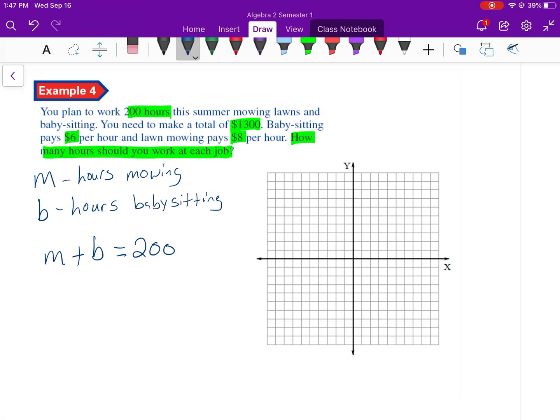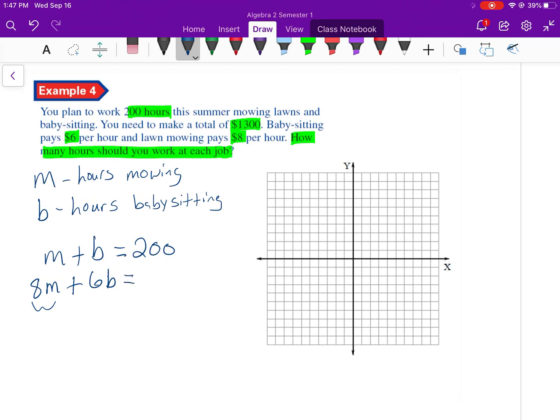Mow for 2 hours, 16. 3 hours, 24. Okay, we're taking that pay rate times how many hours we work. So for mowing, 8 times however many hours we mow. That's how much money we're going to be making mowing. And then for babysitting, we're going to multiply 6 times the number of hours that we babysit.